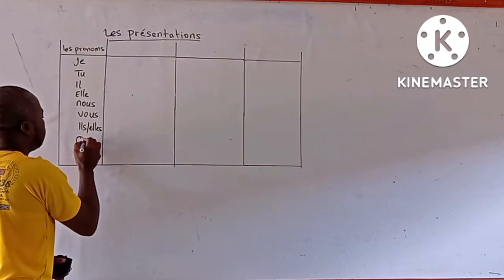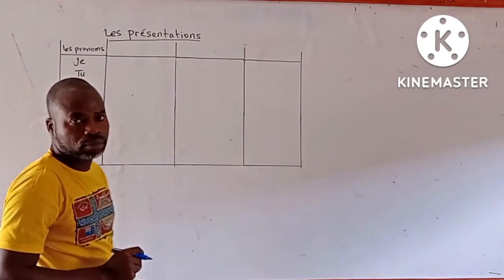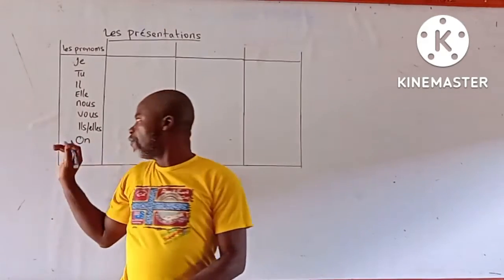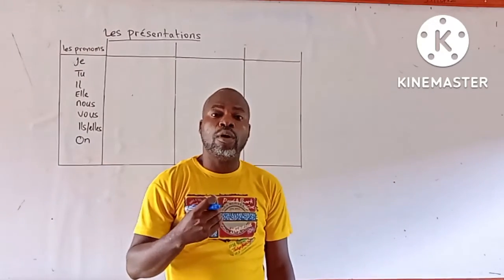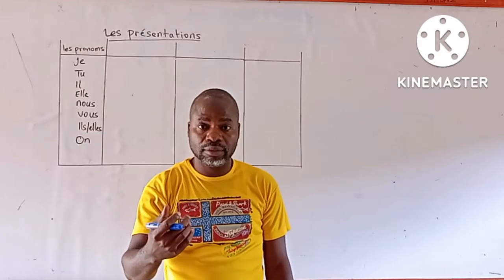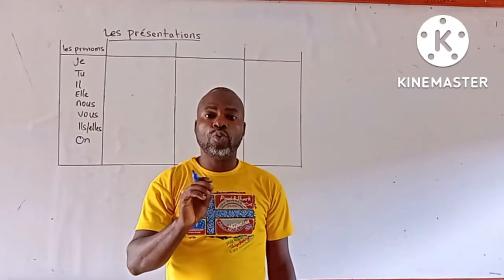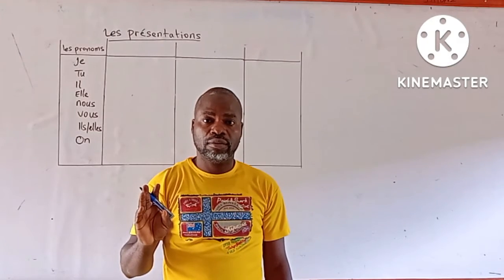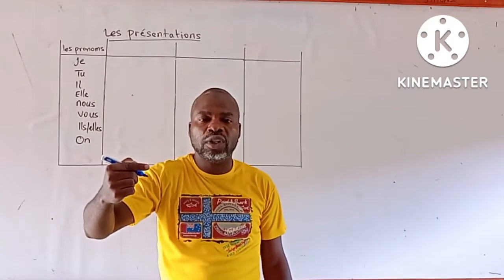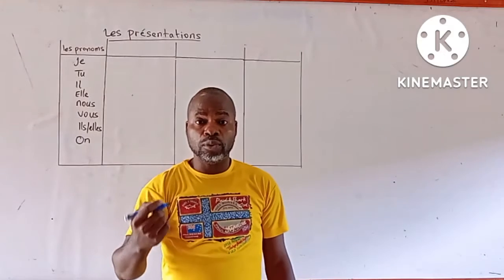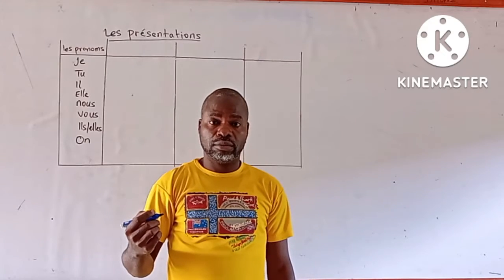And we have an indefinite pronoun called on. The meaning of on varies. If the subject is among those who are speaking, on will mean we. When it is not among those people, on will mean people or they.